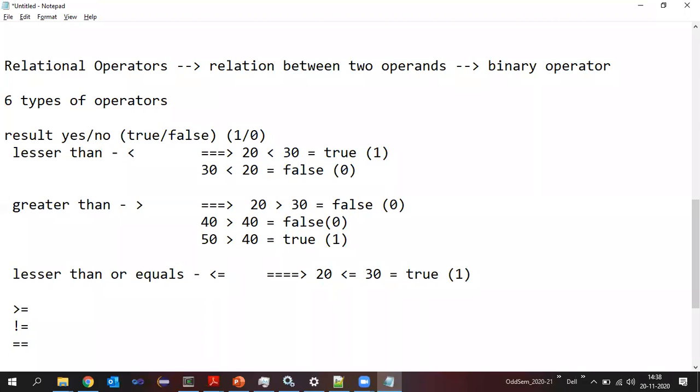If I write another example, 20 less than or equals to 20, what is the answer? Again, it is true. Very good. If I write one more statement, 40 less than or equals to 30, the result is false.